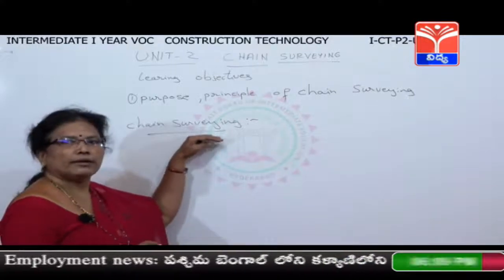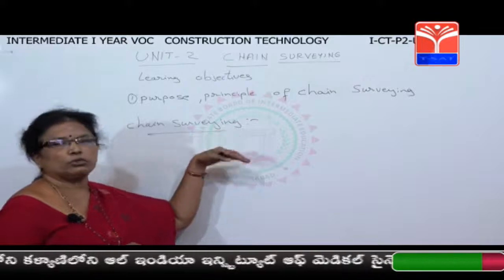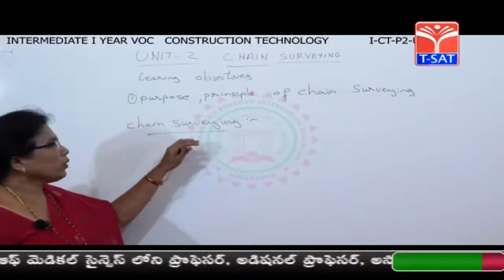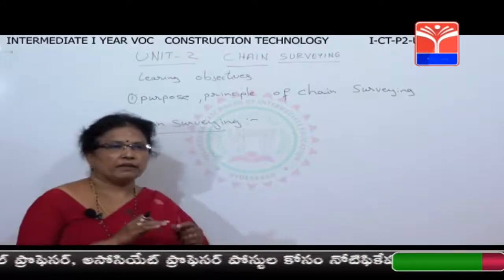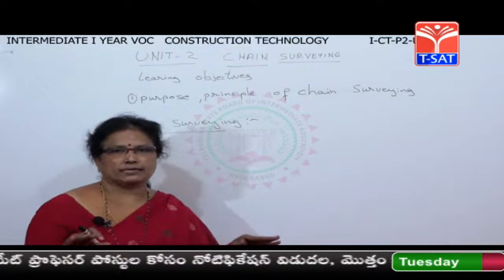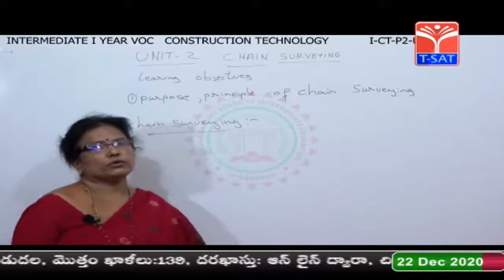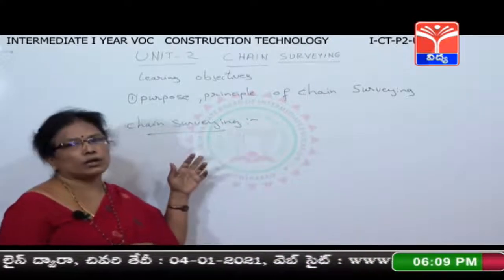Accuracy is there, and it is simple to do the survey, the plotting, and the calculations. It is a very simple method. Now, in which situations are we going to use this chain survey? When the area is flat, when the ground is plain, in that situation we use the chain survey, and it is only done in small areas.